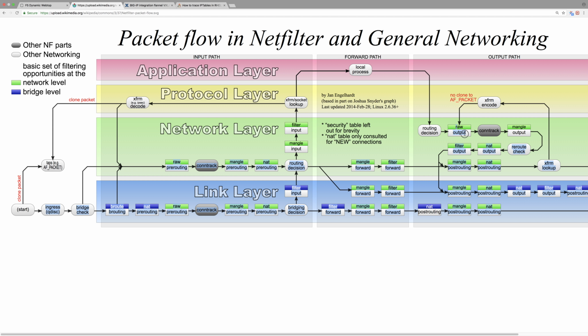So the raw table output chain, and we can put a tracing rule here and see what's going on after this, in this output chain. Yeah, we can do that.